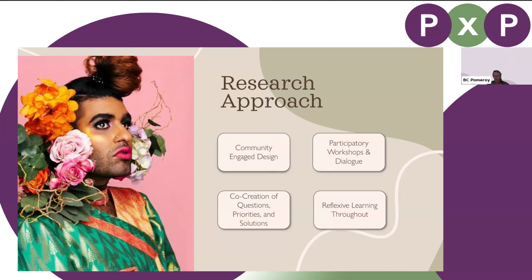We used a community-engaged design, bringing patients, caregivers, and community members into the work from the very beginning, not as consultants at the end. We hosted participatory workshops and dialogue sessions where partners, both patients and those in the community and researchers, could share experiences, identify barriers, and imagine new ways of doing research.